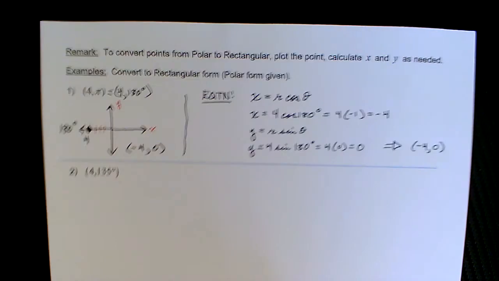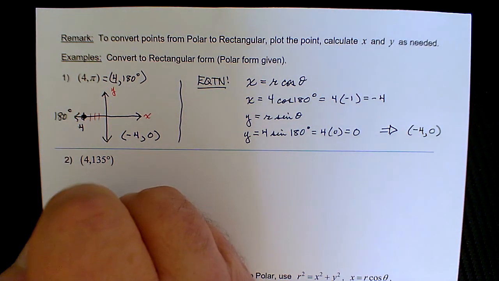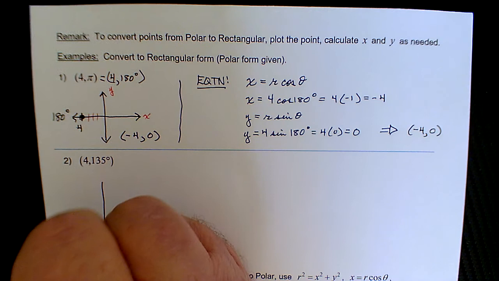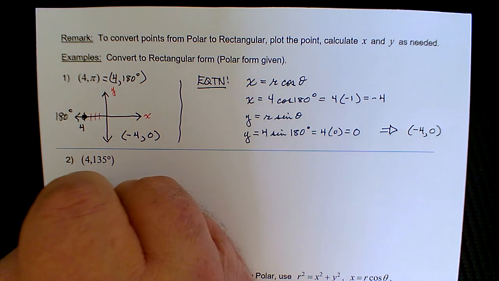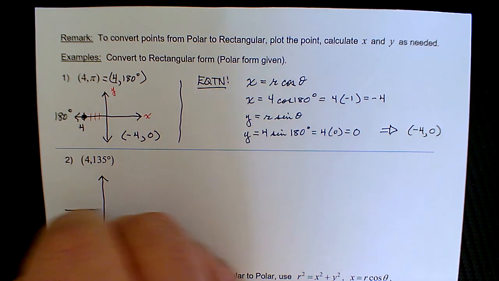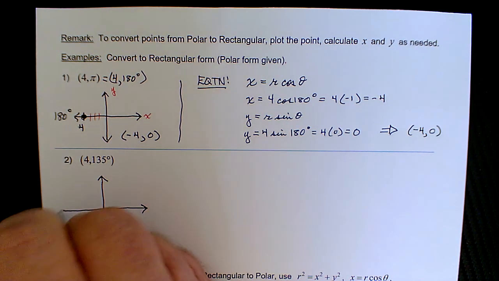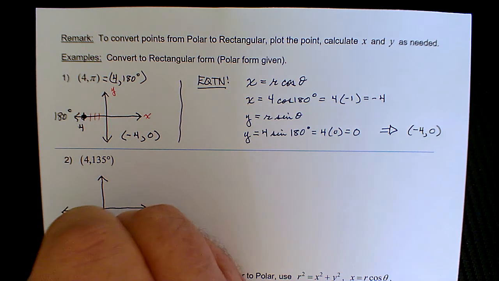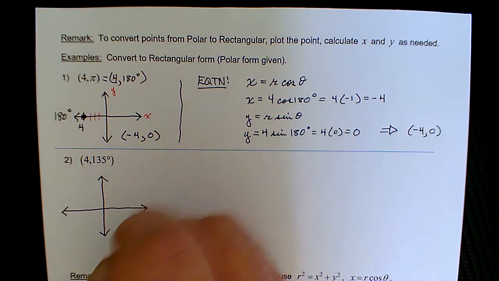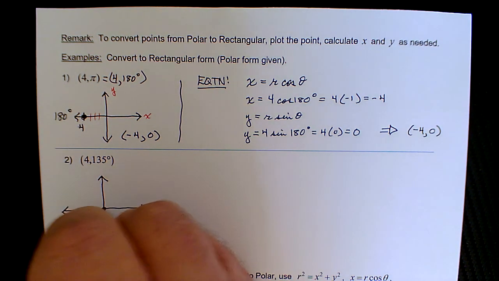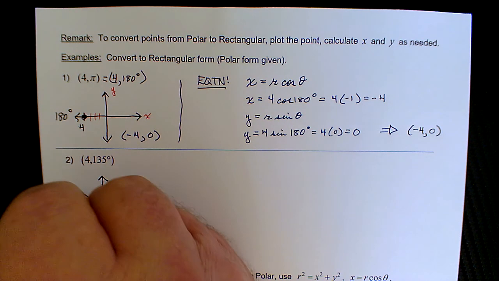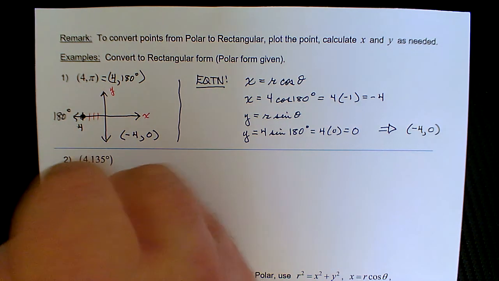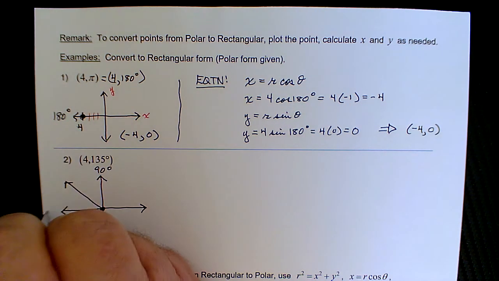Okay, for 4 and 135, let's try to do it the analytic way and see what happens. So 135 would be in the second quadrant. This would be 90, 180.